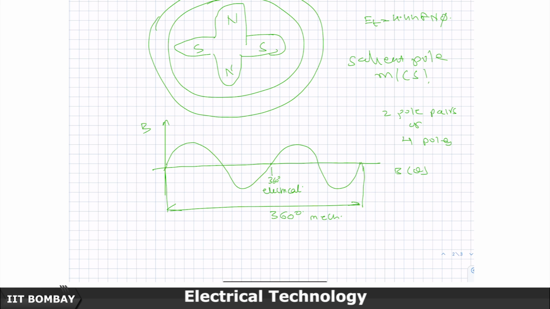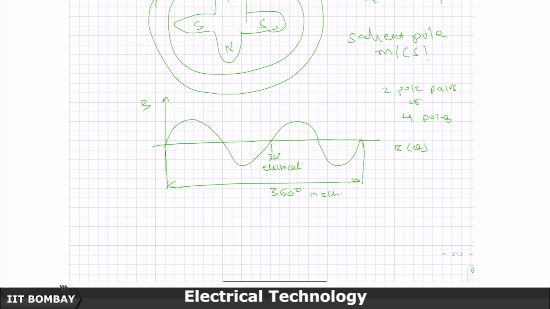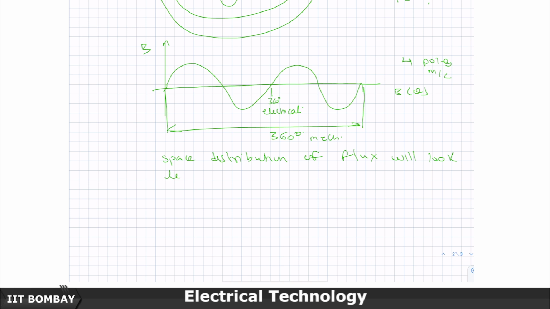This comes with the 2 pole pair machine, not 1 pole pair, meaning a 4 pole machine. Let me not confuse you. Let me just say this is my 4 pole machine. This is how the space distribution of flux will look like.